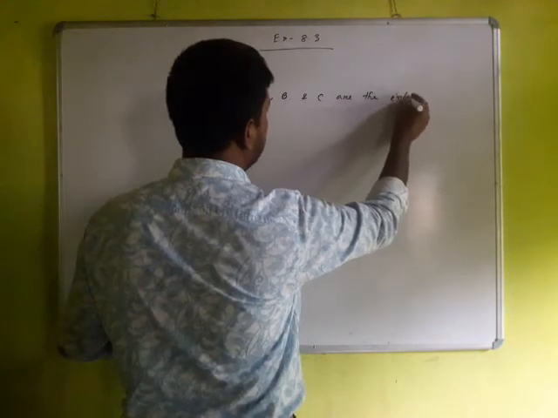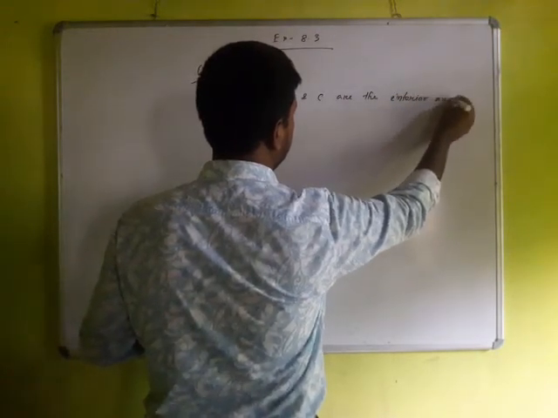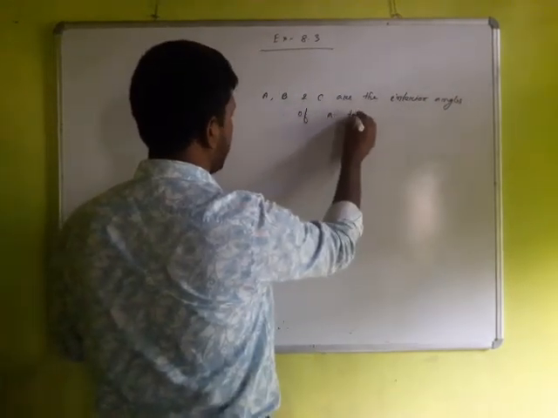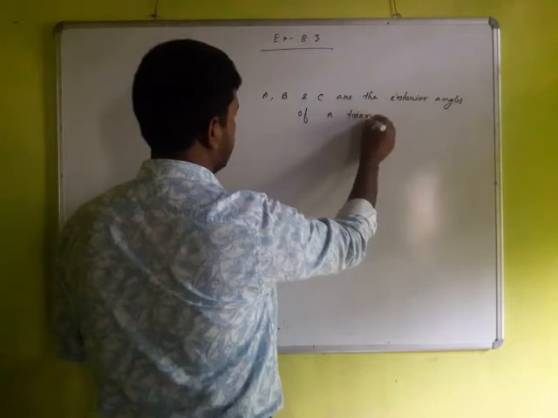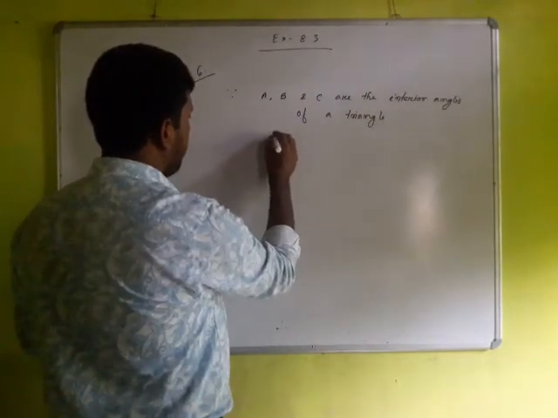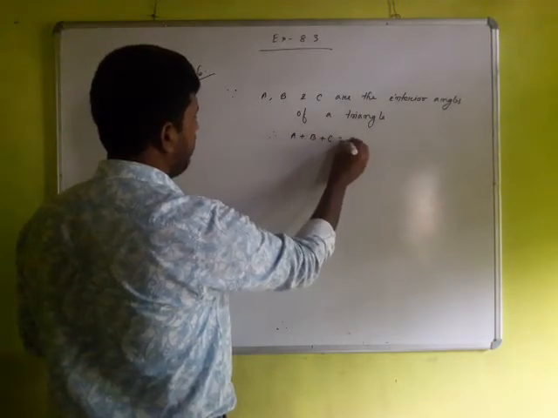Since A, B and C are the interior angles of a triangle, we can write A plus B plus C equal to 180.